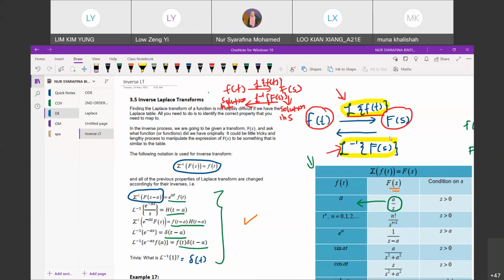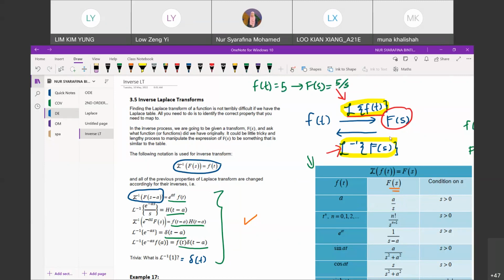All right, so let's say you know that when your function is equal to 5, then your F(s) equals 5 over s, because when you have a constant, then the transform is a over s. Now, your F(s) is 5 over s.